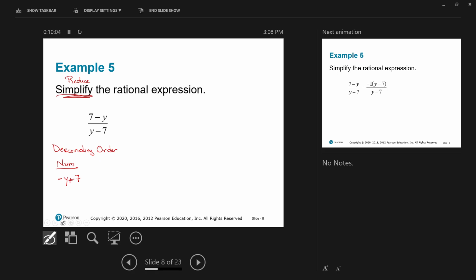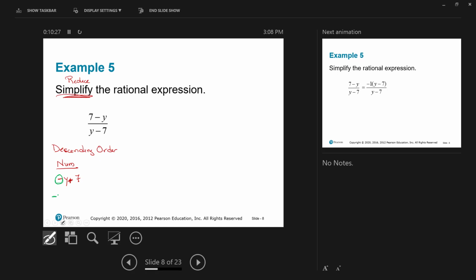Okay, so now, do you see anything in common? Yeah, I really don't either except for one. But one of the things that I do remember us talking about is if the lead coefficient is negative, I get to factor out a negative. So that means I'm factoring a negative something out.